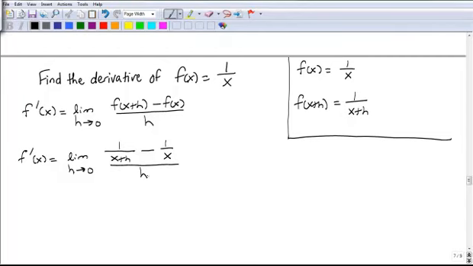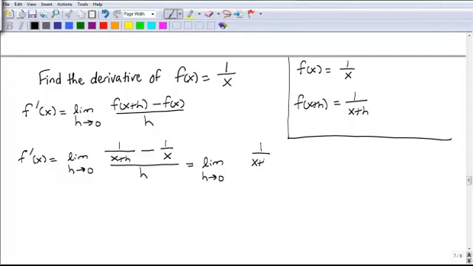Now we had a similar problem to this before. We can't cancel the h's, so all we have left to do to simplify this is to put the fractions together. And to do that, you need a common denominator. The common denominator in this case is x times x plus h.